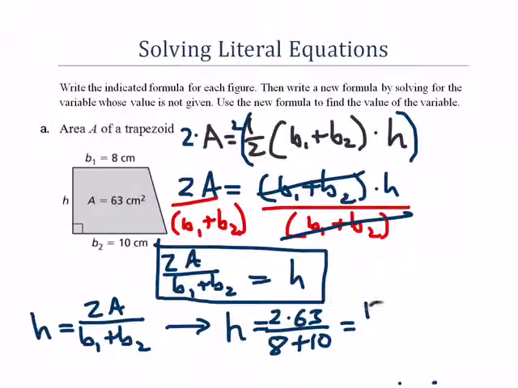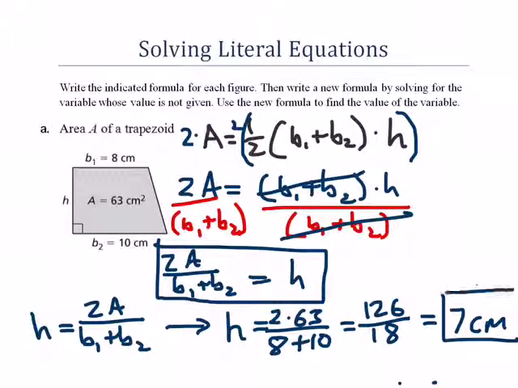And that's going to give us 126 over 18. And that gives us exactly 7. And the units here are all centimeters, so this height is going to be in centimeters. Okay, so that's the idea. We found a formula, we plugged in the numbers that were given, and now we have the height.